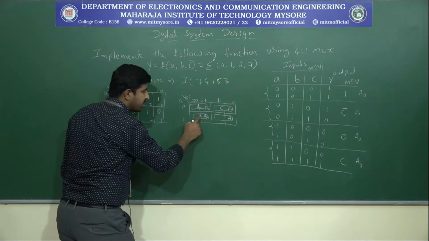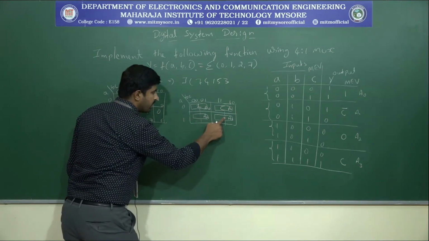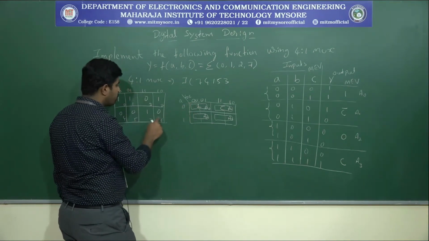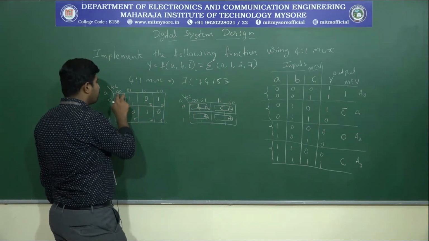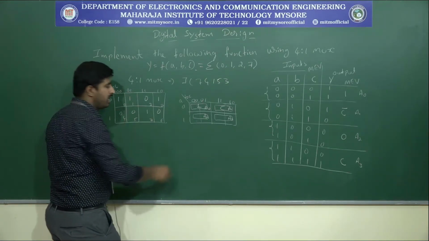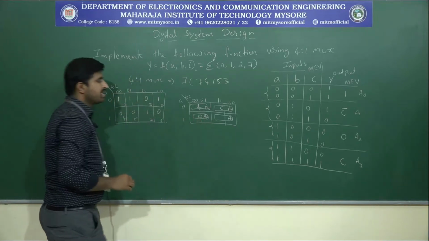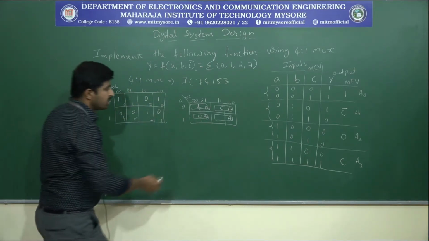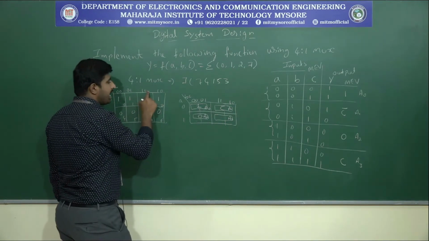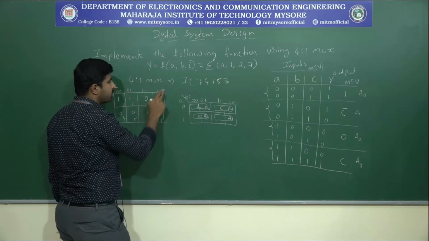Okay. Next here, so A2. Okay. So again, A equals 1 and B equals 0. So what is the output we are getting? 0, 0. When the C inputs are 0 or 1, we are getting output 0 only. So that's why here it will be represented as a 0. Okay. And here A and B are 1, 1, so the output changes with respect to C here actually.